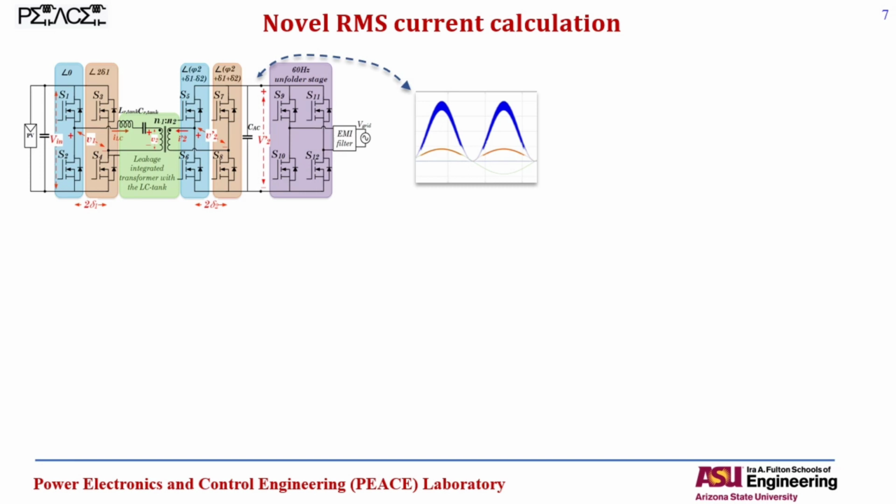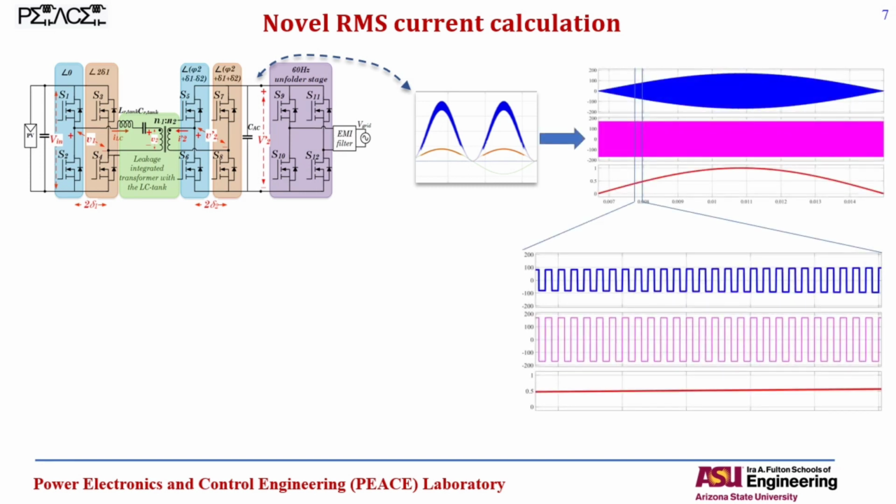So our approach is to divide this 60 Hz line cycle into a certain number of intervals, where we can assume the operation of a DAB in each of those intervals as a DC-DC operation. So basically, in each of those intervals, we will have certain and constant values of delta 1, delta 2, and phi, which is definitely different from the other intervals.